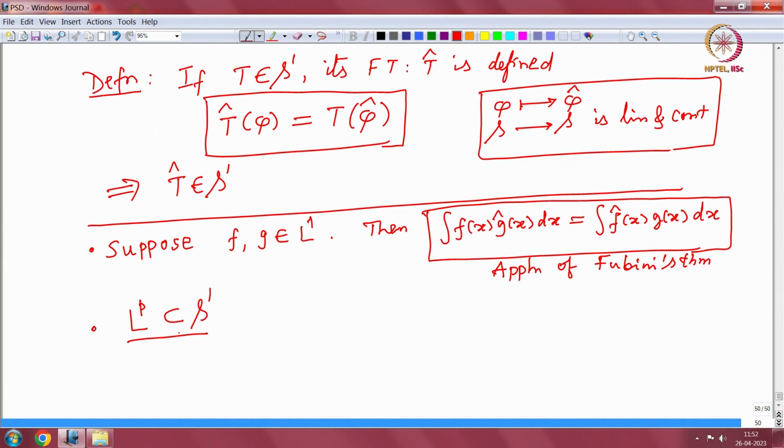So, in particular the functions in L1 and L2 are tempered distributions, and they have this new definition of the Fourier transform, and we also have the old definitions, in L1 and then by density arguments in L2. So, we should verify that those definitions coincide with this new definition. Okay. So, let me just do that because that is important.